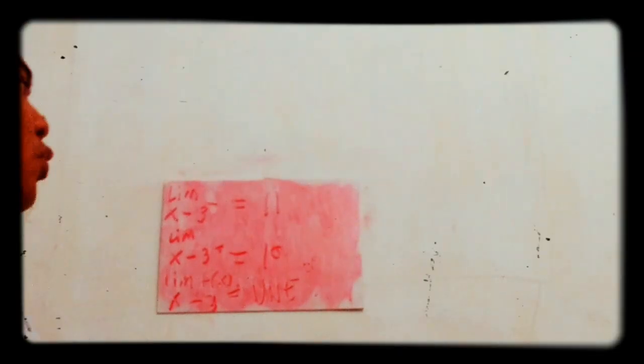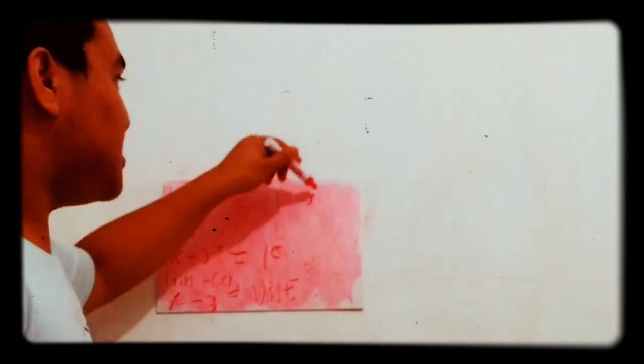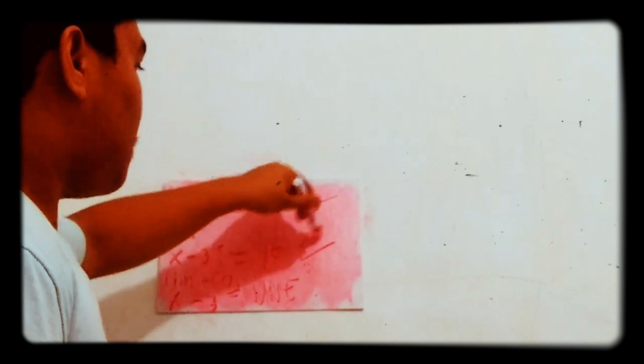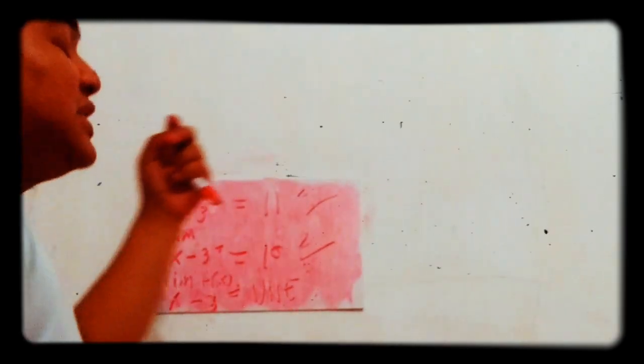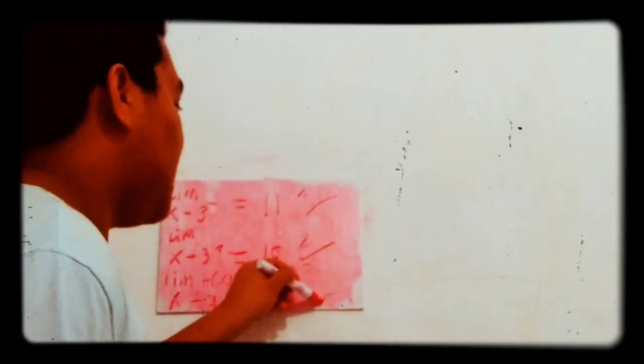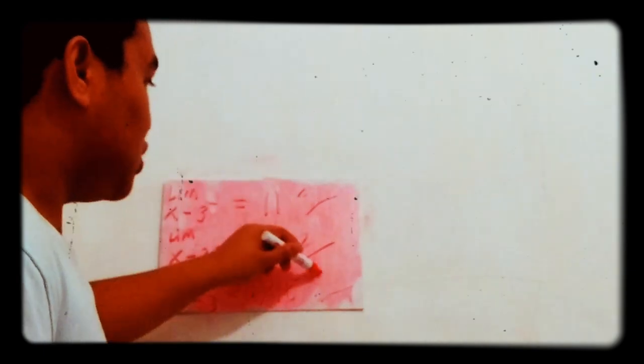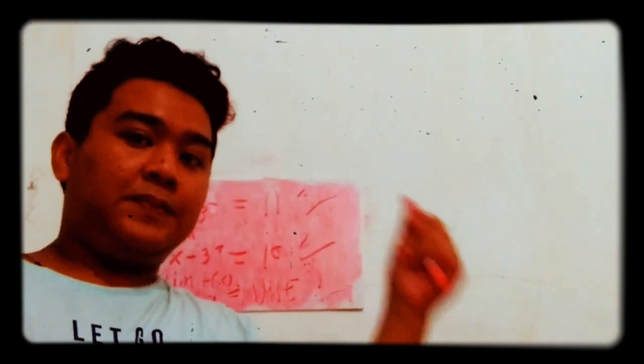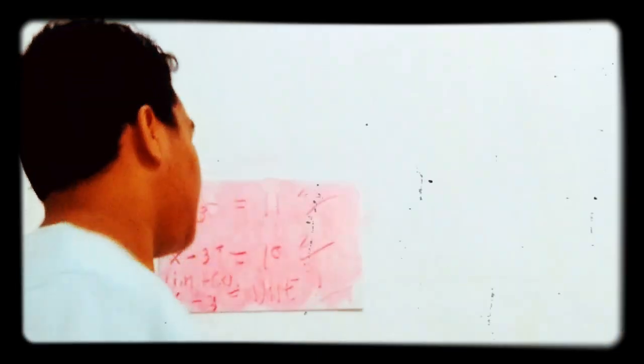So we got here 3 points. 2 points for the problem and the answer, then 1 point because we know that both of them are not equal limits. DNE stands for does not exist.